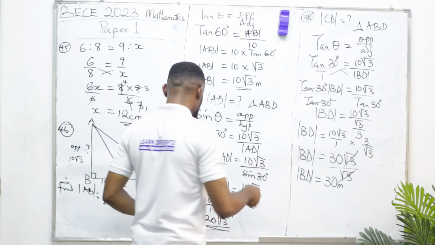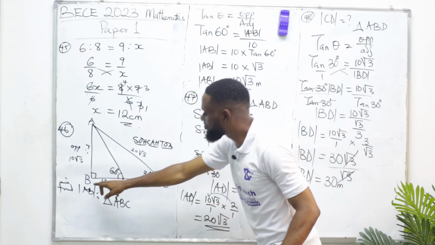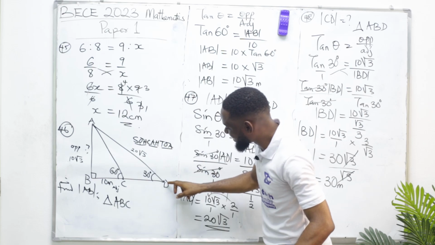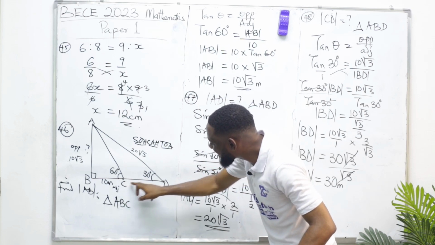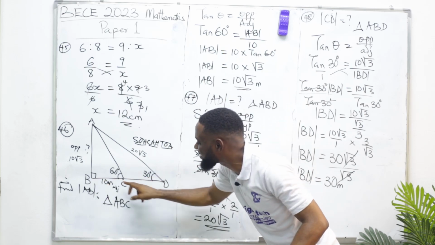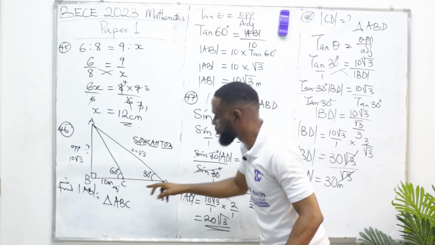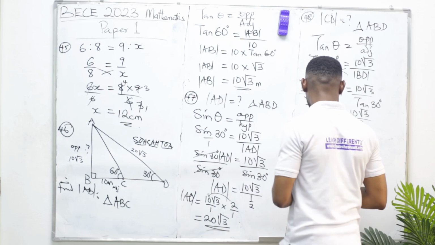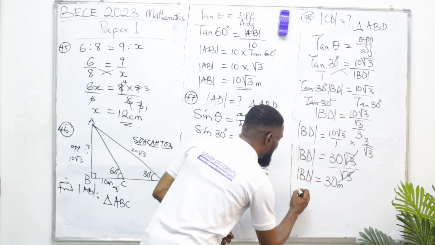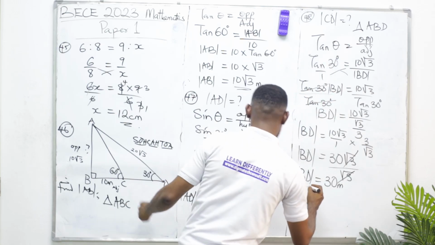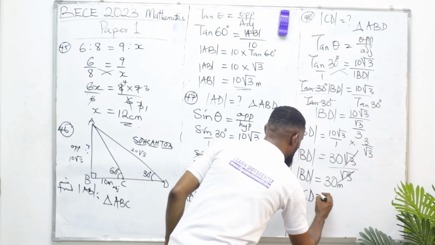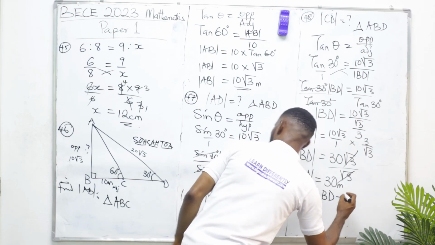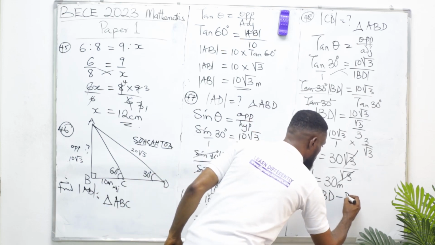To get CD, go back to this diagram. If BD is 30, meaning from here to here is 30, to get only CD is to subtract BC from BD, you will get CD. You get the point? So you say, therefore, CD is equal to BD, which is the entire, minus BC.